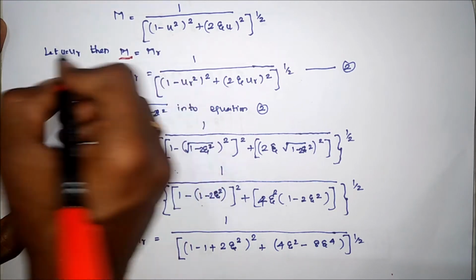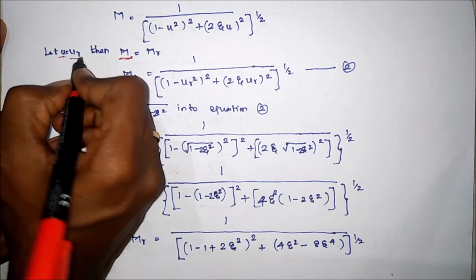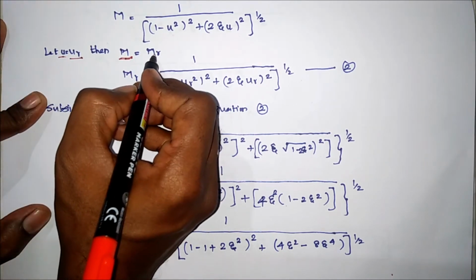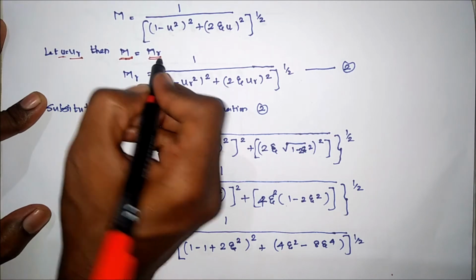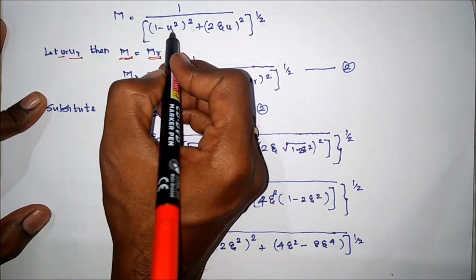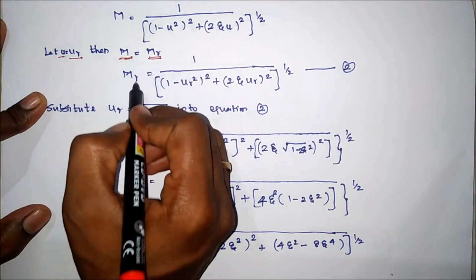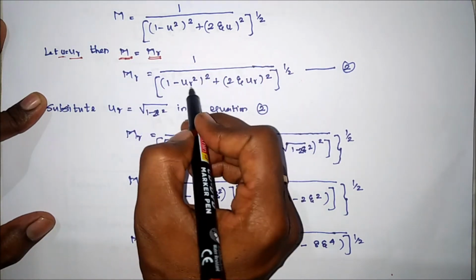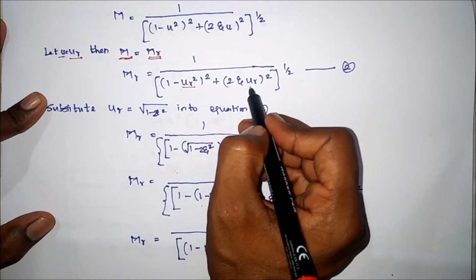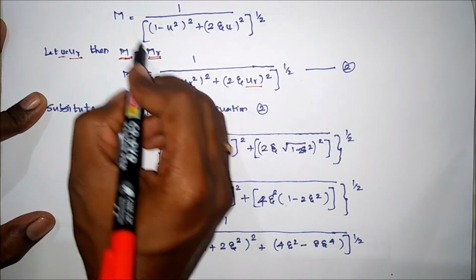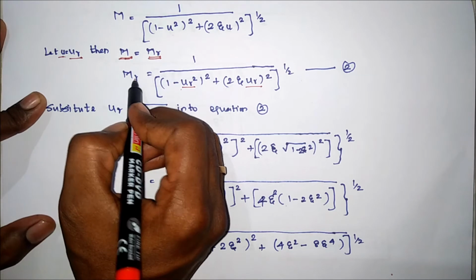So for the peak value, when we substitute u equal to ur, M will become the maximum value, which means Mr. So for the entire expression, instead of u we substitute ur. Now automatically this M will become Mr.